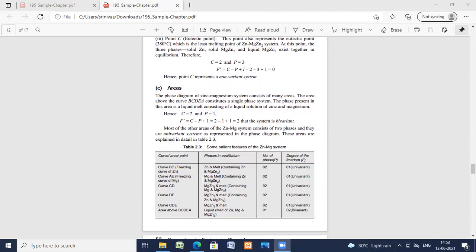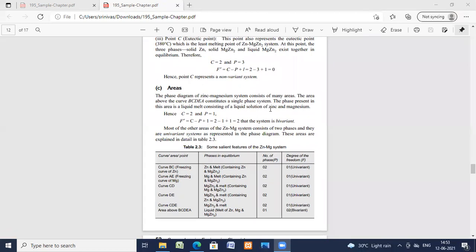Okay, here are the curves. So we'll see the areas, then we'll go on to the curves. Now coming to the areas, the phase diagram of the zinc magnesium system consists of many areas.